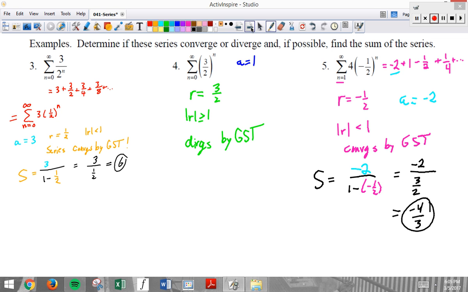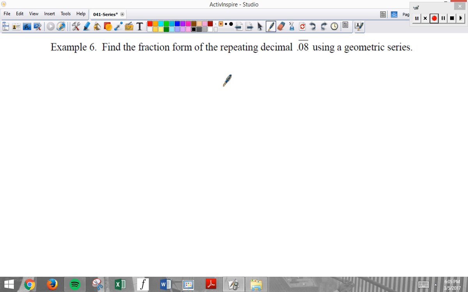Those are the basics. Here's a little fun one. Find the fraction form of the repeating decimal 0.08 repeating using a geometric series. Now, children, some of you may have learned a rule for this. I'm asking you to show it with the geometric series. First, let's write it down. What is 0.08 repeating?